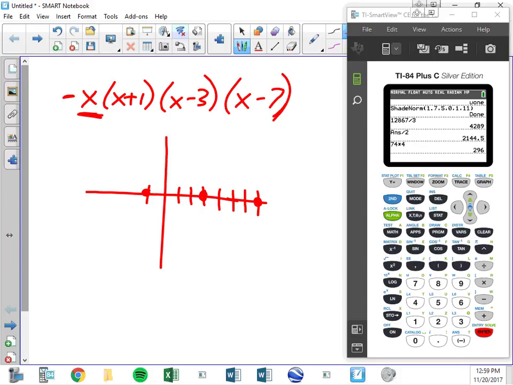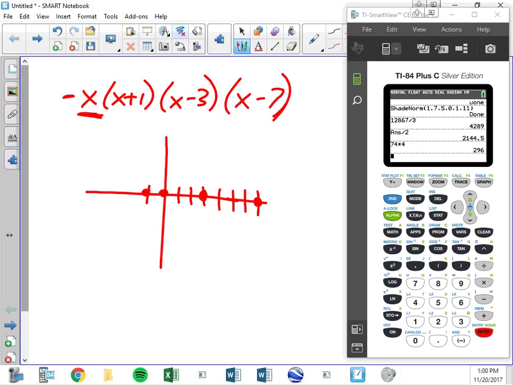There are 4 roots and I've only listed 3. 0. Right? What makes this 0? 7. What makes this 0? 3. What makes this 0? -1. What makes this 0? 0.